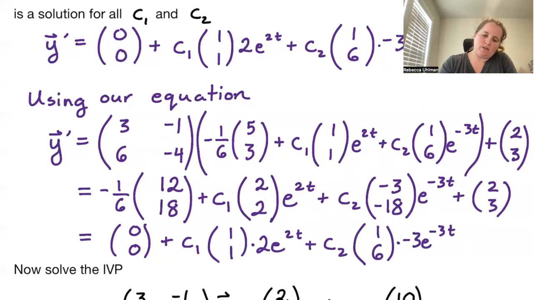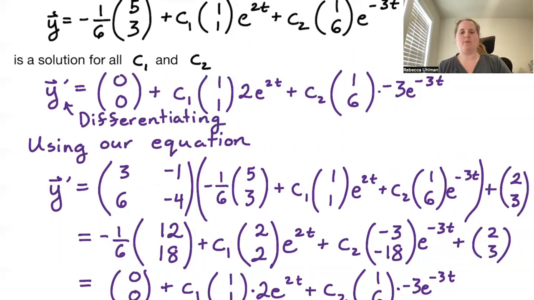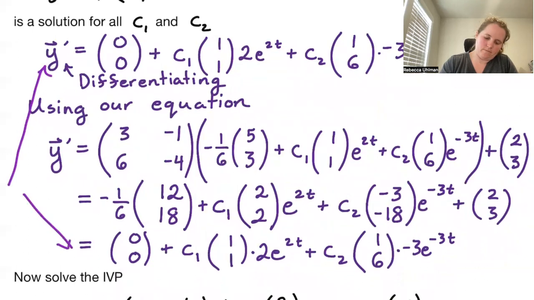So since these match, the first one was just taking the derivative, via differentiation, and then the second version for y prime was using our equation. Since these two versions match, we have a solution.